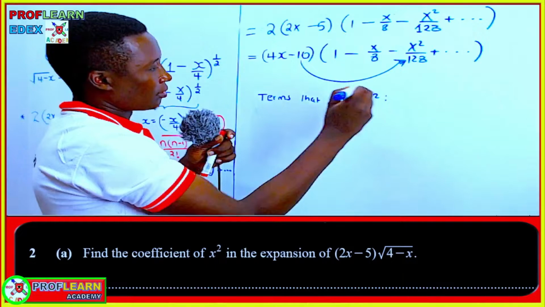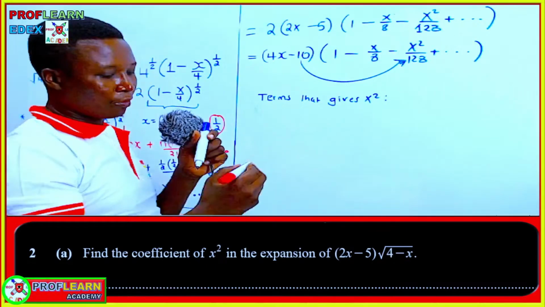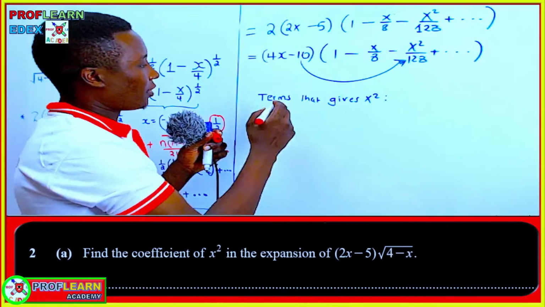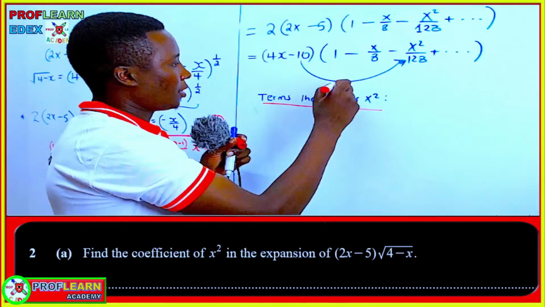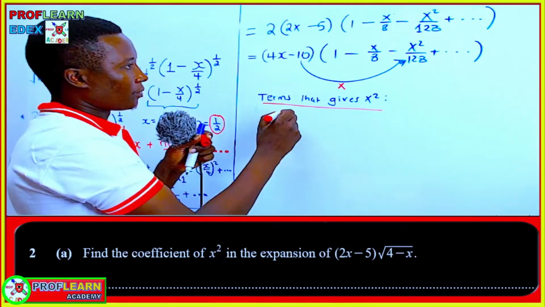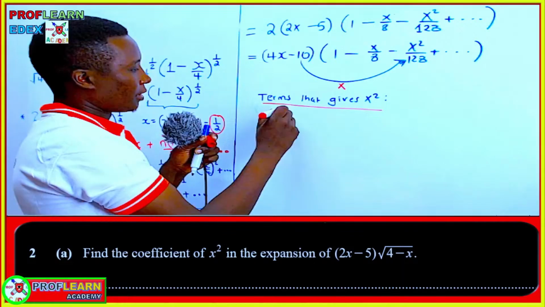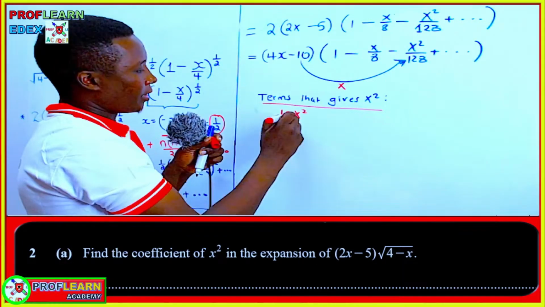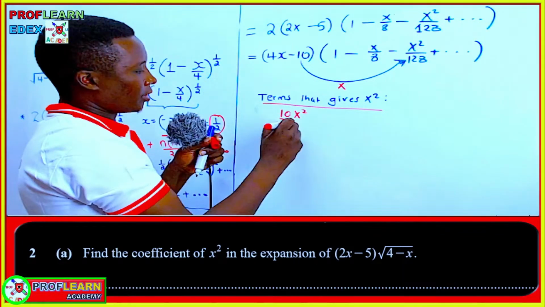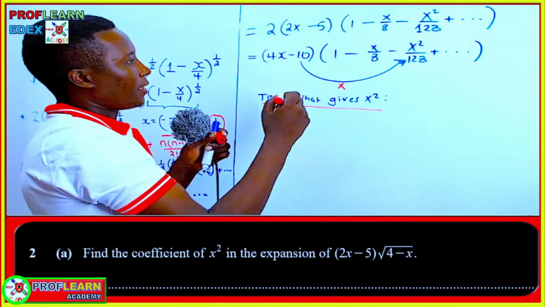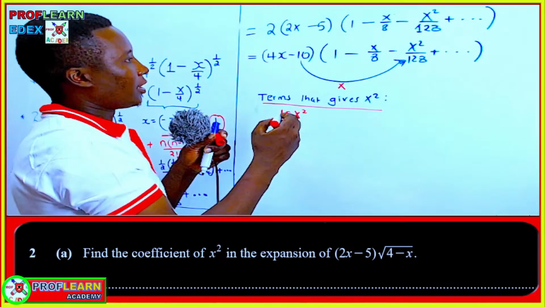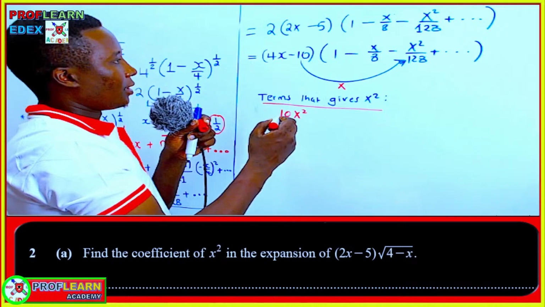Those are the terms that we are trying to look for, terms that give x squared. So if we multiply this, this is negative and this is negative, so we're going to get 10x squared over 128.